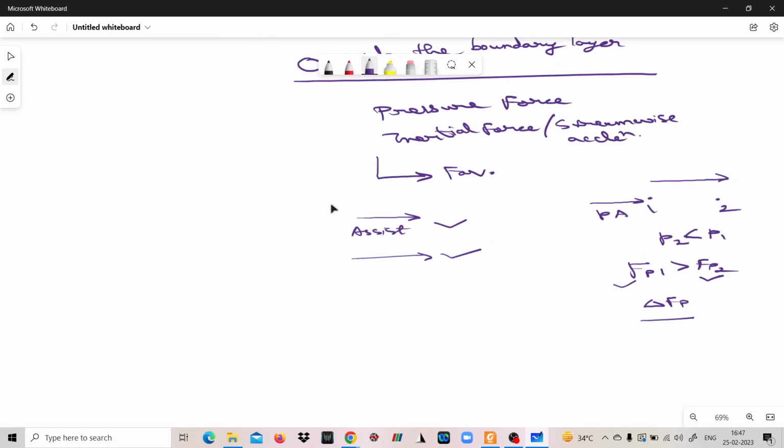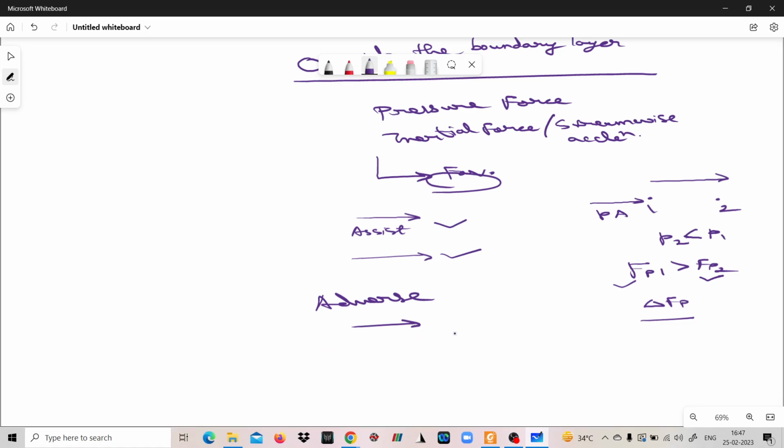This was the first case, when the pressure gradient was favorable. But when the pressure gradient is adverse, then what happens? The inertial force acts along this direction; it supports the flow or the formation of the boundary layer. The net pressure force acts in the opposite direction, but magnitude wise it is not that large.